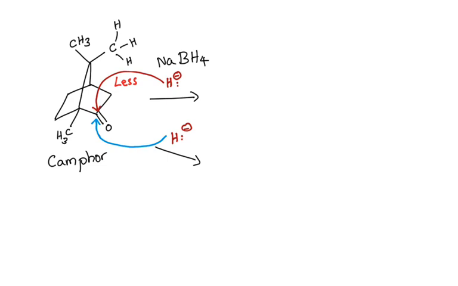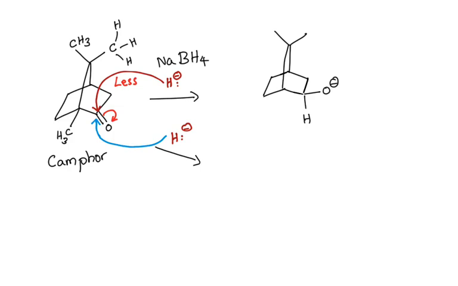The product of these two types of attack, top and bottom, would give two products. Right? Here is the O minus and H. So when you attack the carbon, this pi bond will break and go to the oxygen to give O minus. Oh, I think this is the bottom attack.